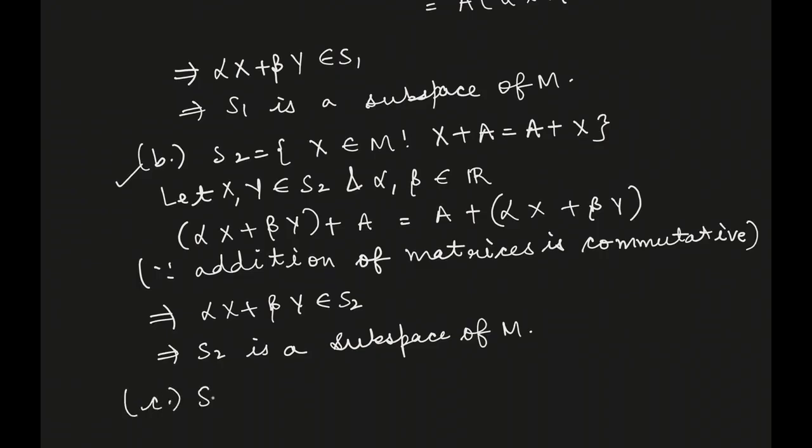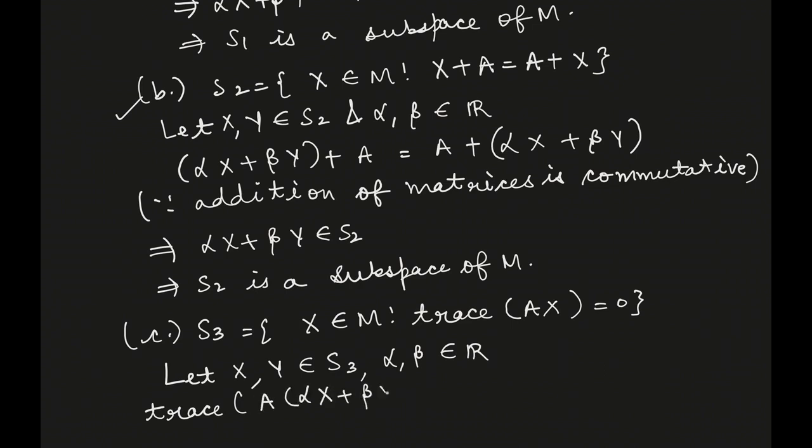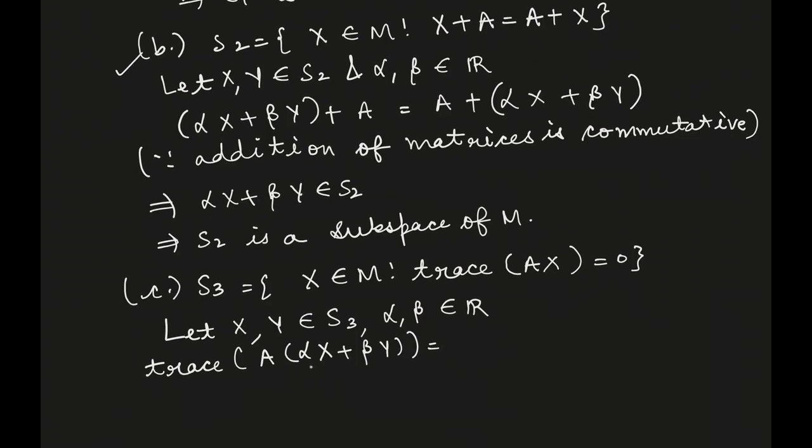Option C, S3 is x belongs to M such that trace of AX is equal to 0. Let x comma y belongs to S3, alpha beta belongs to real numbers. Now trace of A, alpha x plus beta y. There's a property that the constant will come outside of this trace.